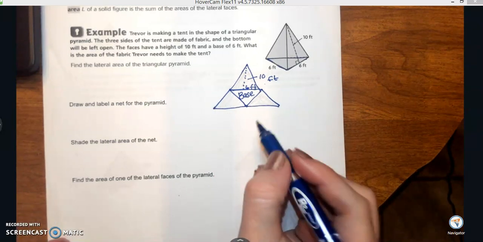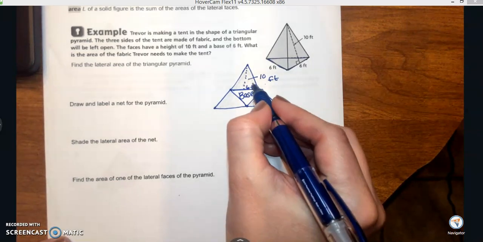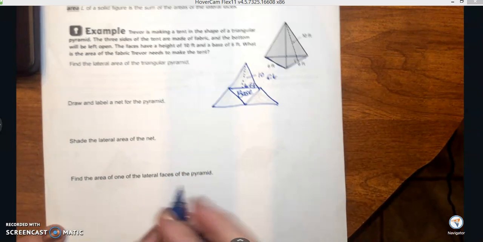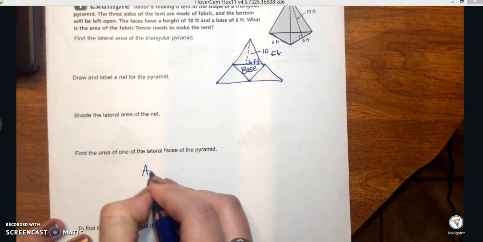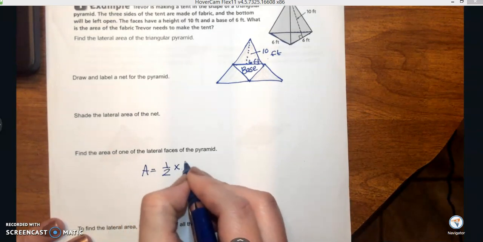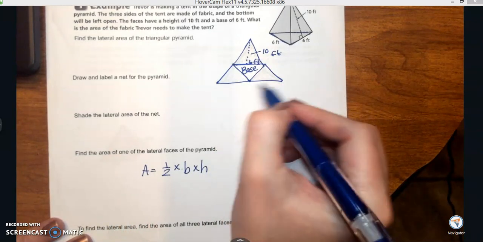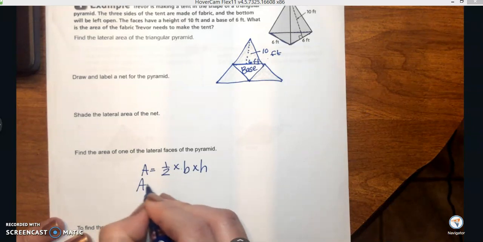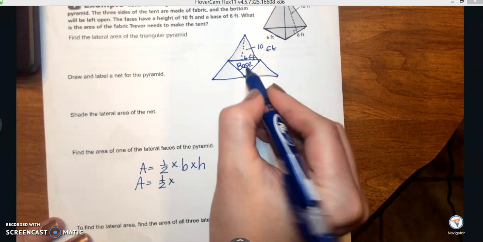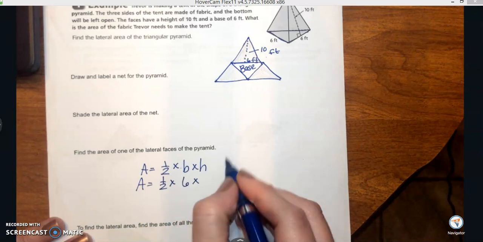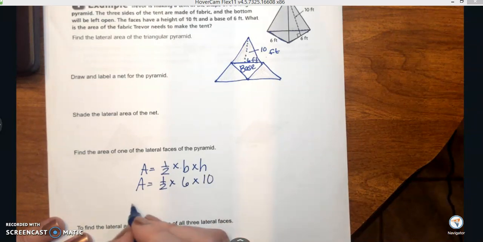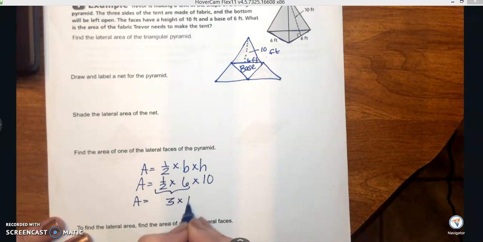So we're going to find the area of the triangle that we've labeled here. We're saying half of base times height because these are all triangles. So I'm going to say half of my base is 6 and my height is 10. Half of 6 is 3 and I multiply that by 10 and get 30.